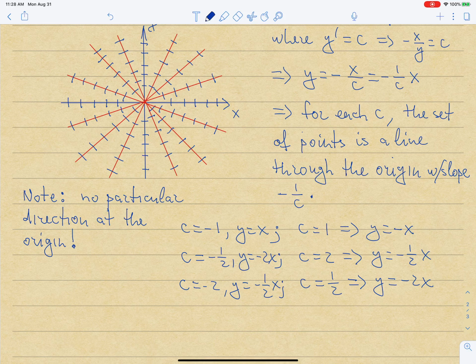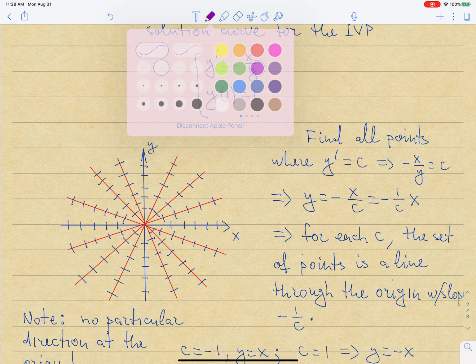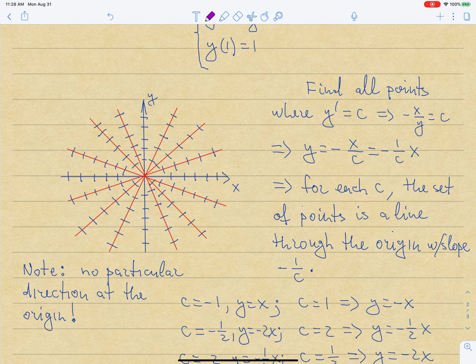Okay, and now let's try to reconstruct or approximate the solution of the initial value problem. That solution required that y of 1 should be equal to 1. So I start at the point 1, 1, wherever it is. So let's say it's going to be somewhere here. So I start at that point. I have to go perpendicular to the line itself.